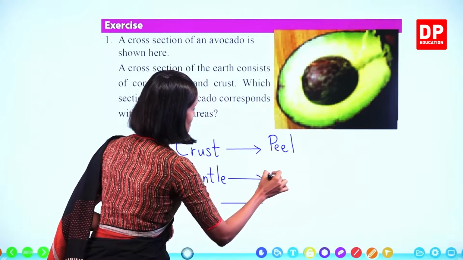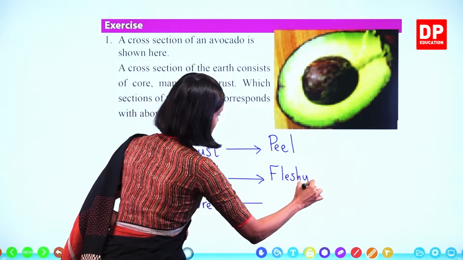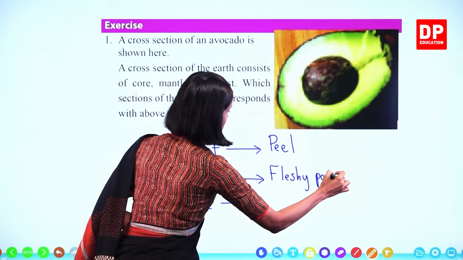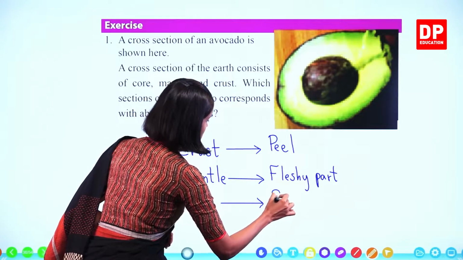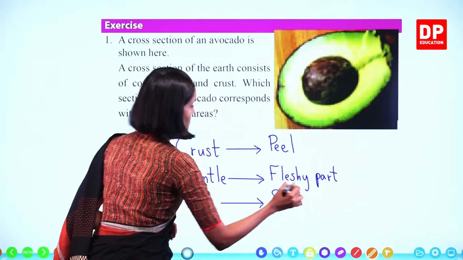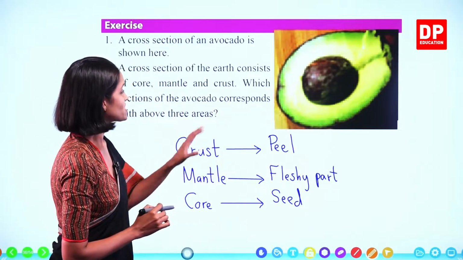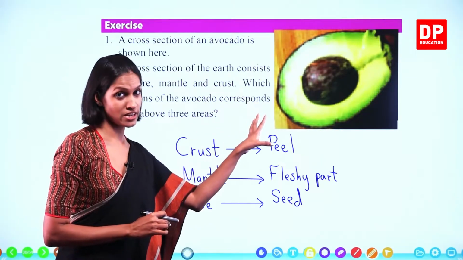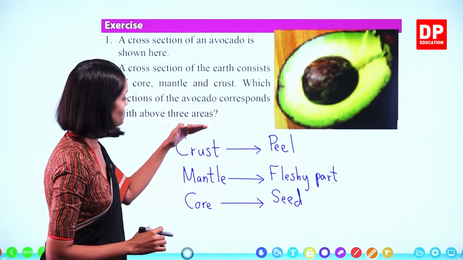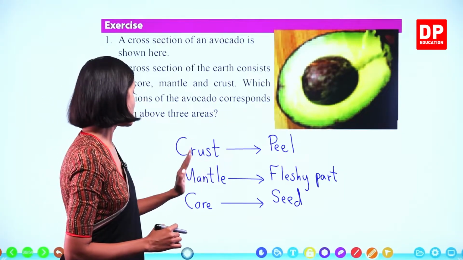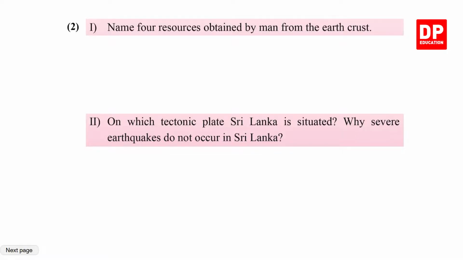What is the mantle? The fleshy part. And what is the core? It's the seed. Right, children? So it's similar with the hard-boiled egg. In a hard-boiled egg, the crust is the shell, the mantle is the egg white, and the core is the egg yolk, right? Okay, next one.